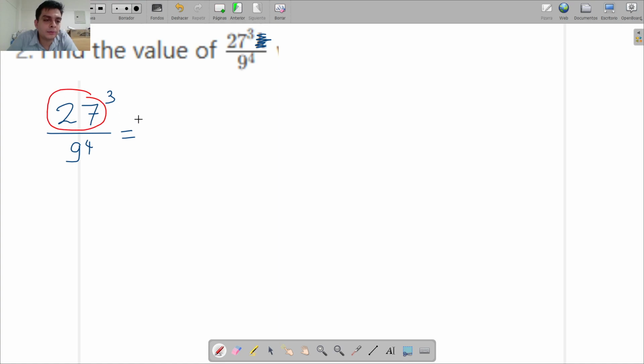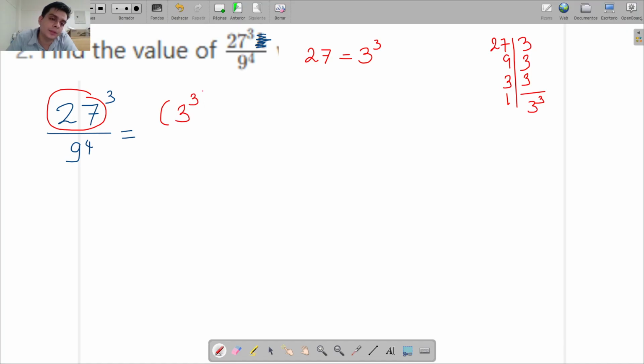27, I can write it as 3 to the power of 3, right? Because 27, you decompose it into 3, 3, 3, in this way. So we are going to write 3 to the power of 3, and this blue 3 here down.